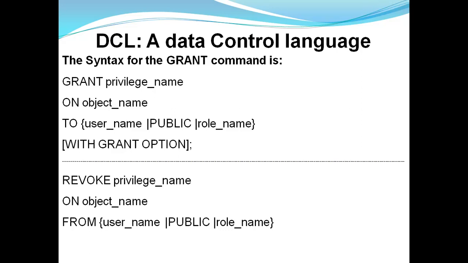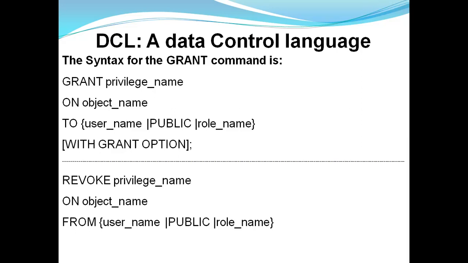Very simple. Now, for an example, we have granted to the user 2021. Now, user 2021 can have a privilege for himself, but he cannot give the same privilege to other users. But when we use a with grant option, he has a privilege to grant the same thing to other users as well.